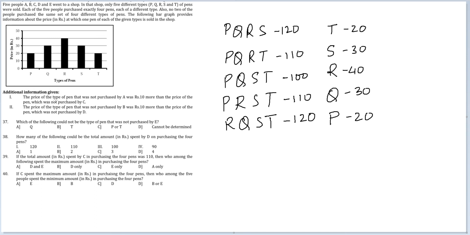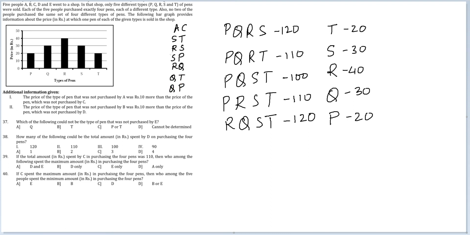Okay. Additional information given. The price of the type of pen that was not purchased by A was 10 more than the price of pen which was not purchased by C. So A and C can be at ST. Pen not purchased by AC can be ST or RS or SP or RQ, RS, ST, SQ or QT or QP.